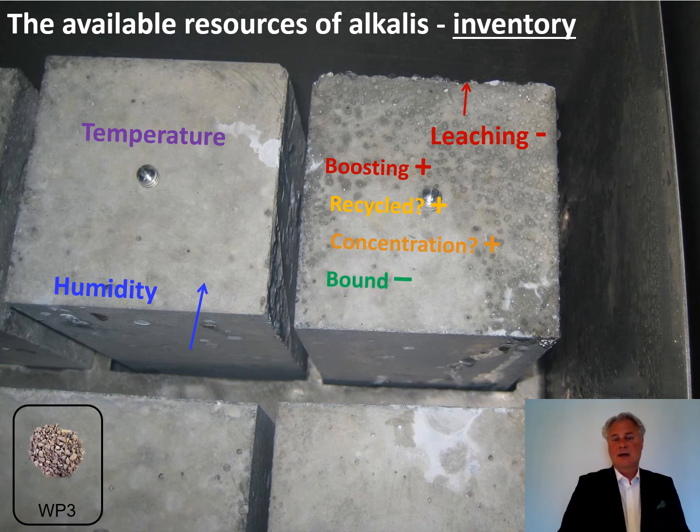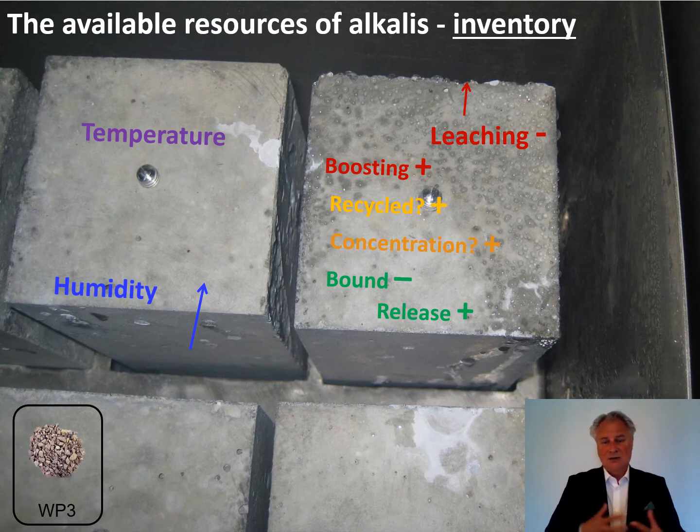And then there have been quite some discussions if all the alkalis in the system are available, or if some amount is bound in the system and not participating in the reaction. That's an uncertainty. And then there's this uncertainty if the aggregates themselves are releasing alkalis into the system. So having a good overview of the alkali inventory is very complicated.